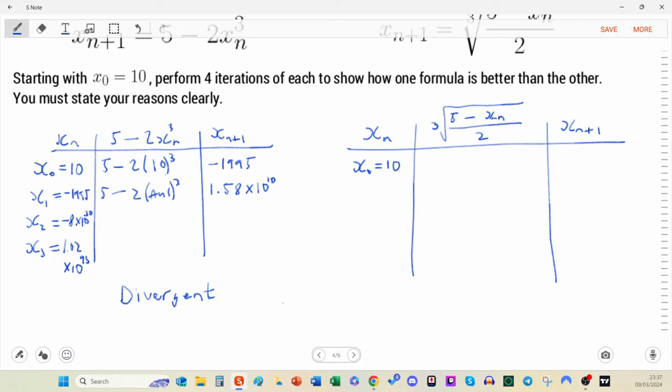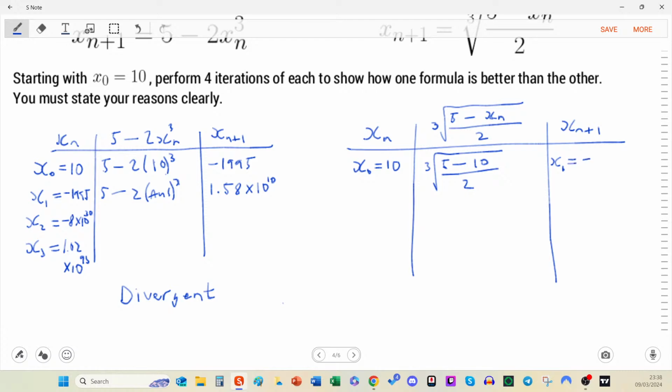I saw negative 1995. I thought, yeah, that's not the best. I've seen better. Take away 10, all over 2. Okay, reasonable. So you need to show, I suppose, just at least one of those iterations. And this is what has gone into the calculator. And what's come out is x1, which is the next one after x0.